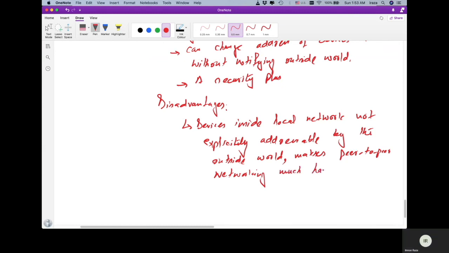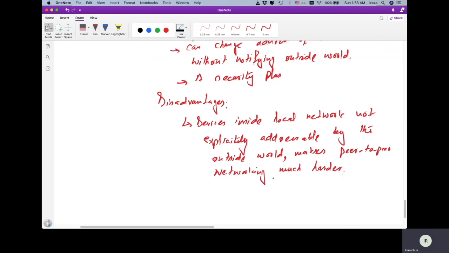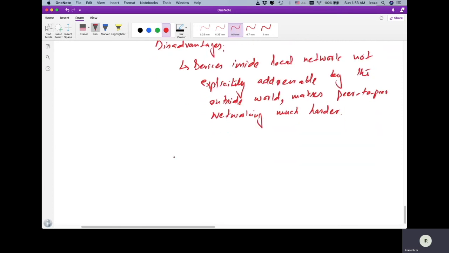Okay. So if I cannot address a device directly, peer-to-peer networking is a difficult task. And the routers should process only up to layer 3, right?